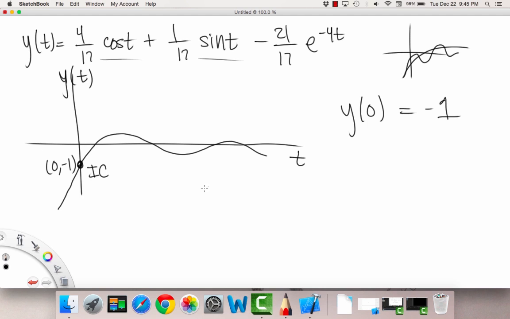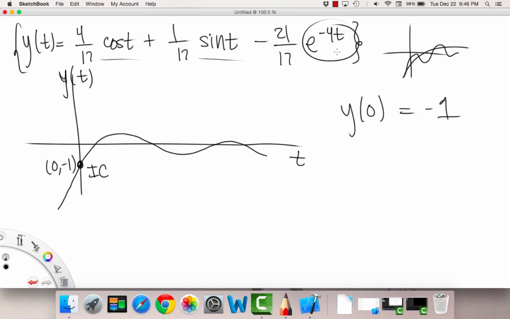And the last thing is finding our interval of existence. If we look at the formula for our function, cosine and sine are continuous on all real numbers. There's no place where they could be discontinuous.